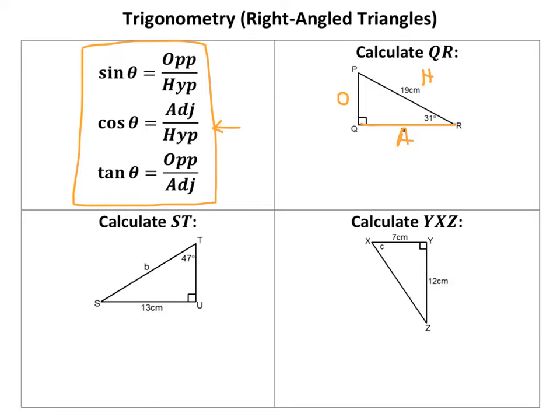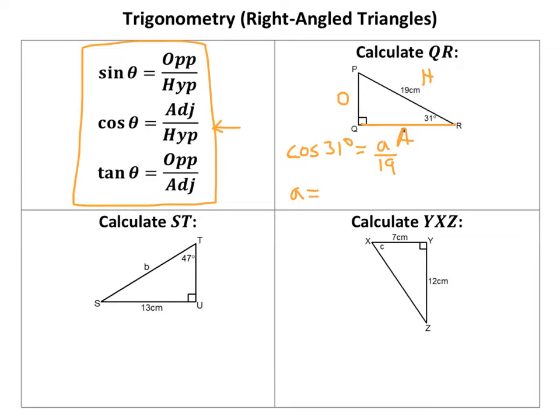So we're just going to write out the ratio initially. Cosine of the angle always goes next to the sine, cos or tan bit, equals adjacent over hypotenuse, so that's A over 19. Now I need to rearrange that to get A equals.